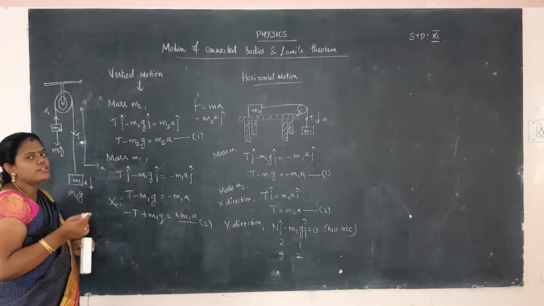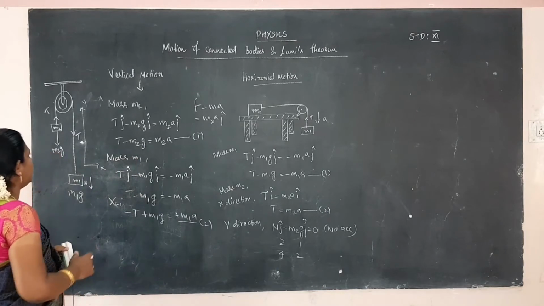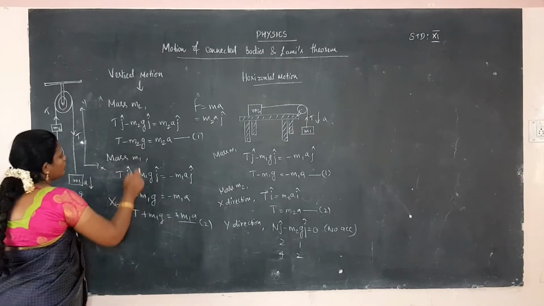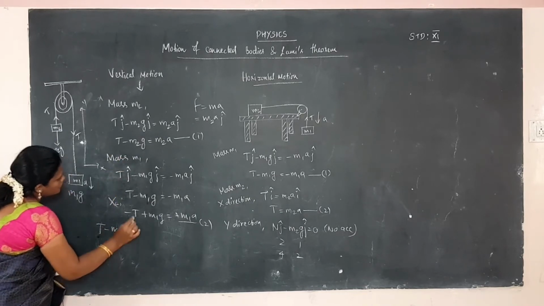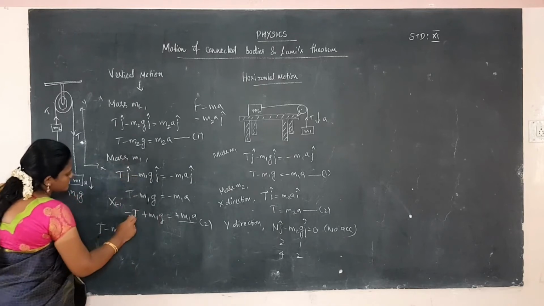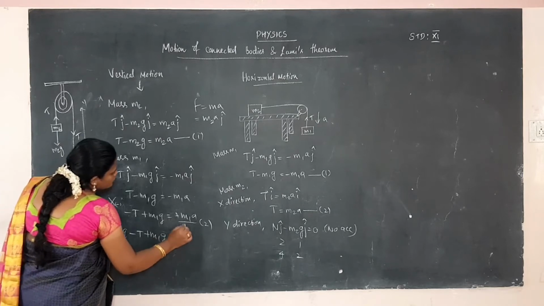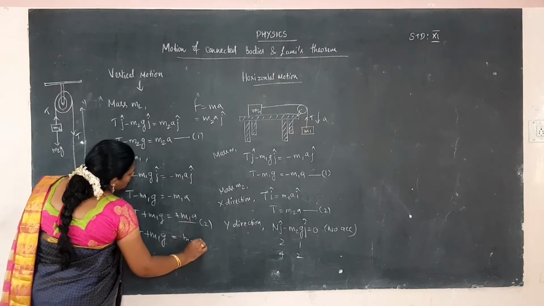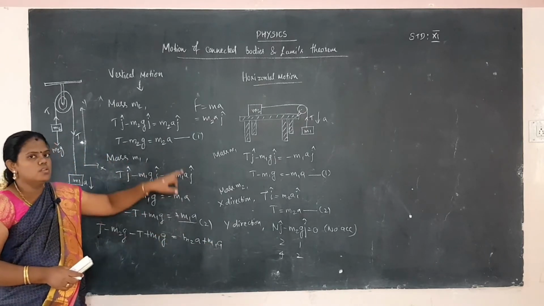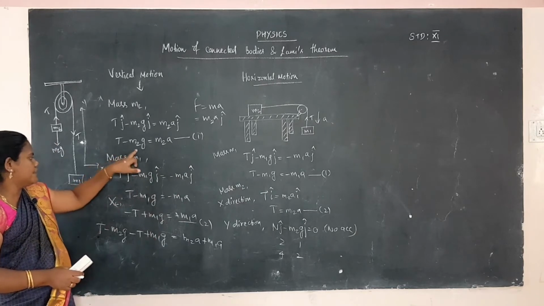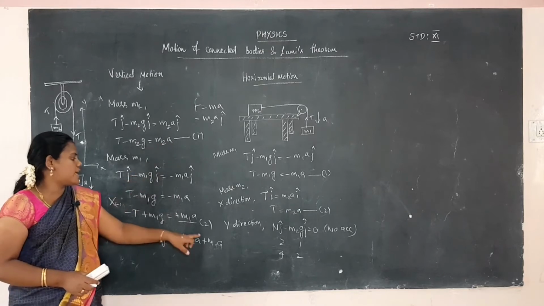Okay. Now adding the two equations. Add equation 1 and 2. On the left hand side you have to add T minus m2g and minus T plus m1g, is equal to m2a plus m1a.